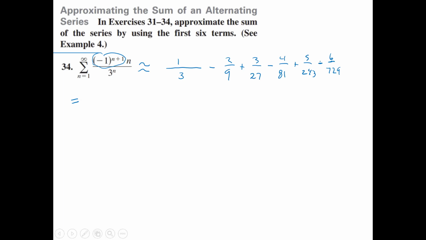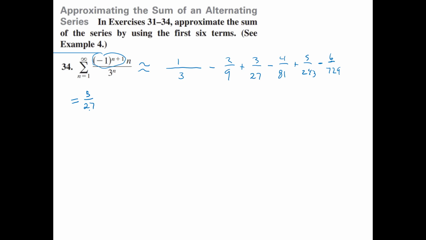It's supposed to alternate. Minus 6 over 729. And then the calculator tells me that this is exactly 5 over 27.